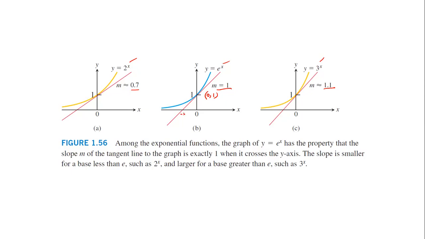Minus 1, 0. Good. So that means the slope will be this divided by this. So 1 divided by 1 will give you 1. Okay?